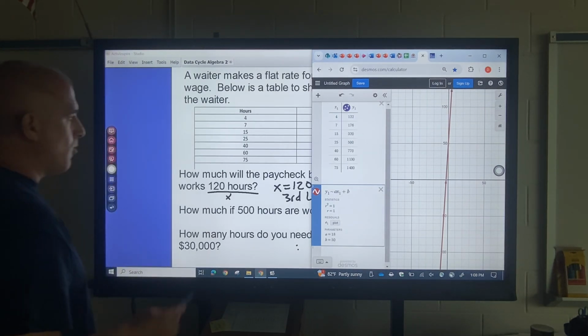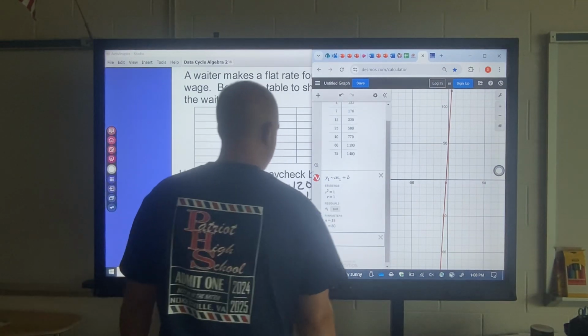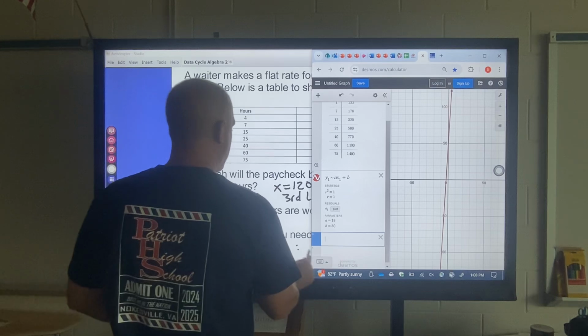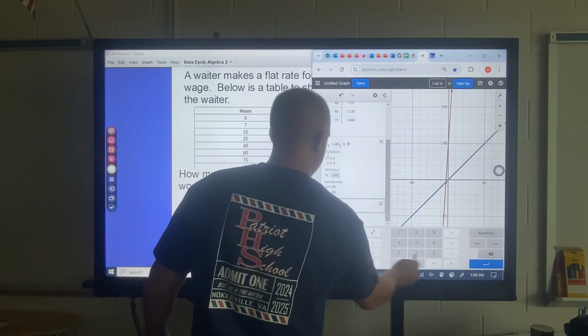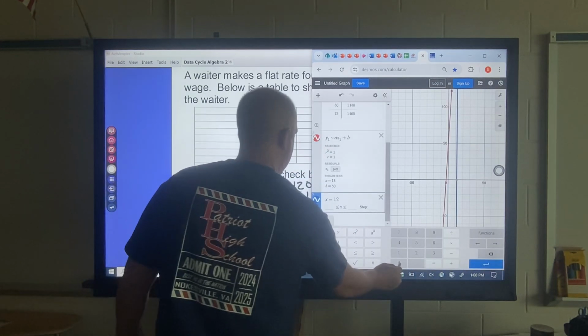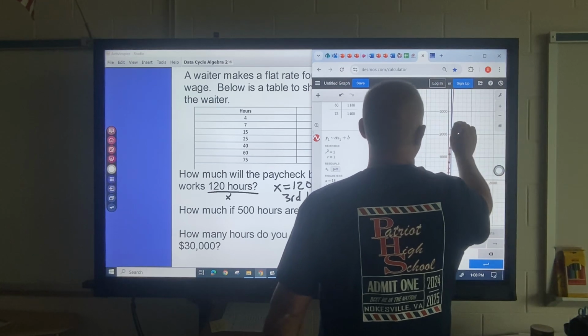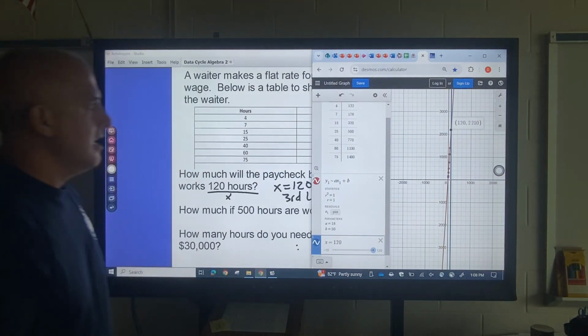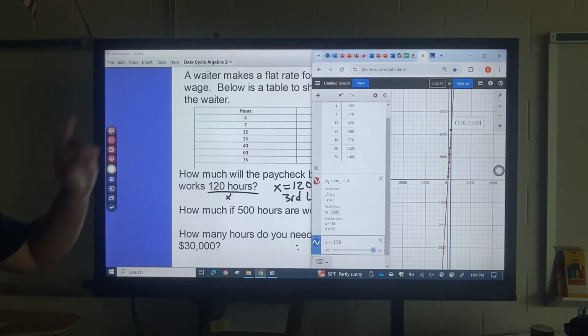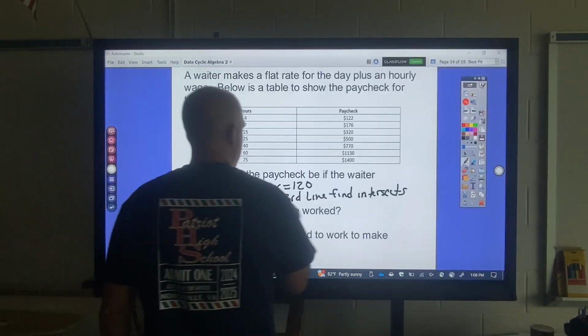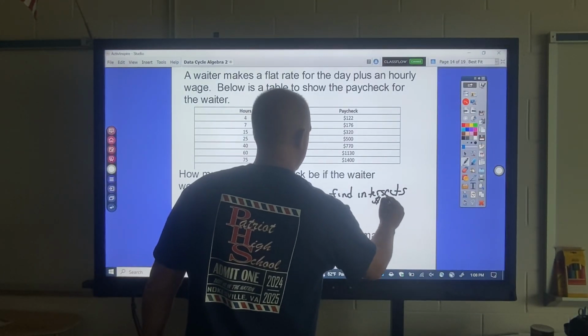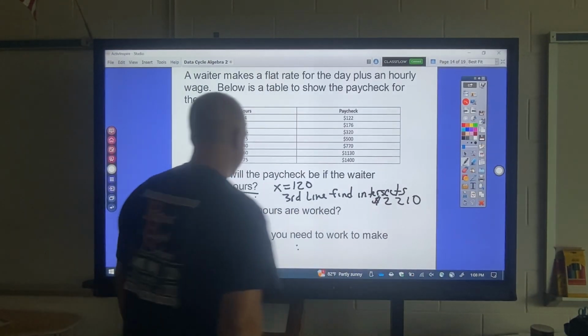Now, in this third line, because my problem asks what it is at 120 hours, that's my X. So I want to zoom out and find where it crosses, and where it crosses, my solution is the other number. So the paycheck would be 2210.